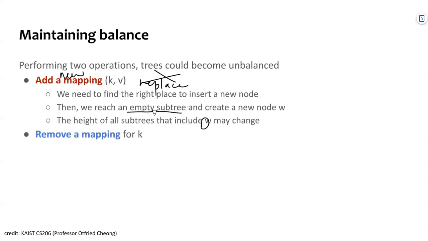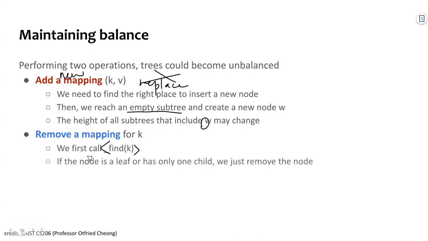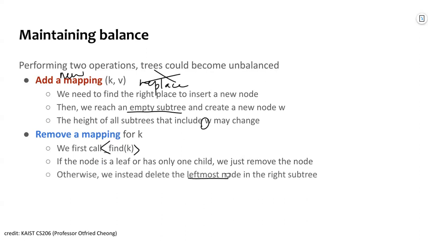And another case that the balance is not maintained is when we're removing a mapping for K. We first call the find method. And if the node is a leaf or has only one child, we just remove the node. This is what we saw in the last lecture. Otherwise, we instead delete the leftmost node in the right subtree.